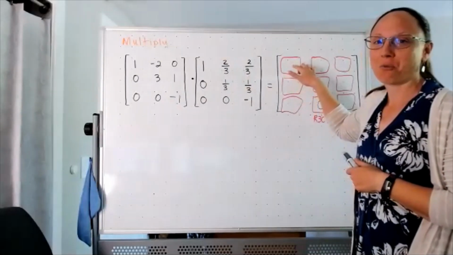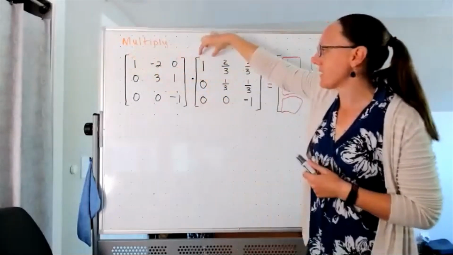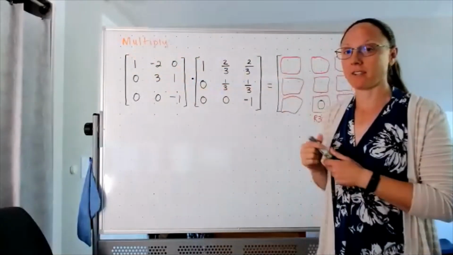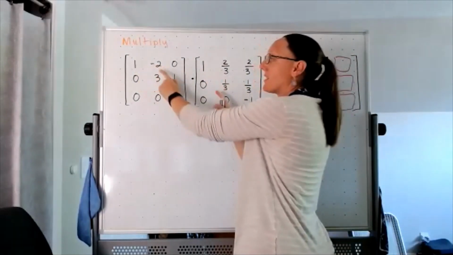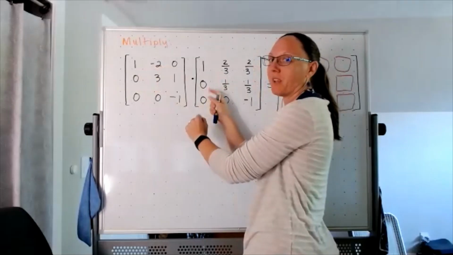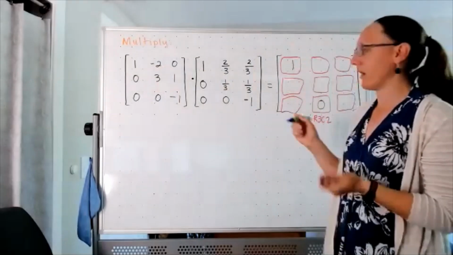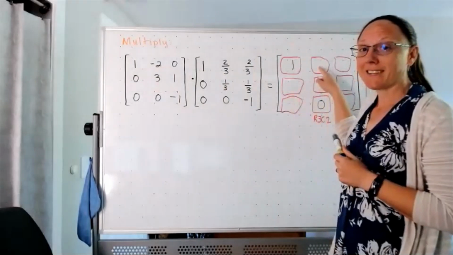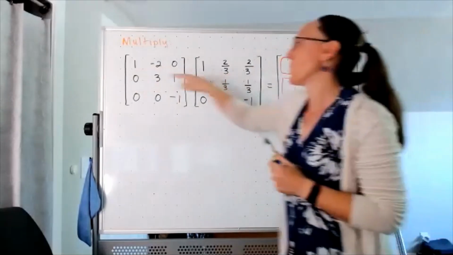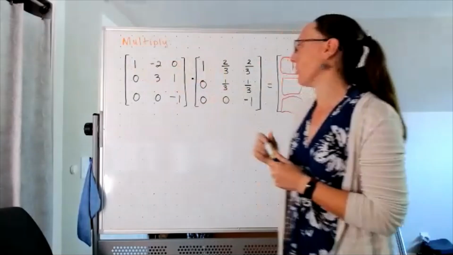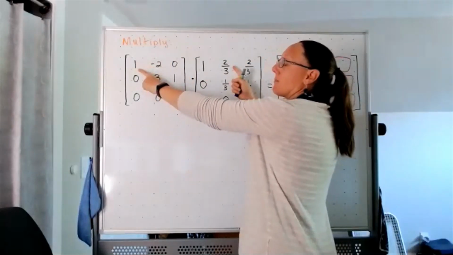So this one is in row 1, column 1. So I'm going to take row 1 of the first matrix times column 1 of the second matrix. I'll end up with 1 times 1 plus -2 times 0 plus 0 times 0. Overall, that gave me a 1. This is in row 1, column 2 of my matrix. So I need row 1 times column 2. I've got 1 times 2/3.